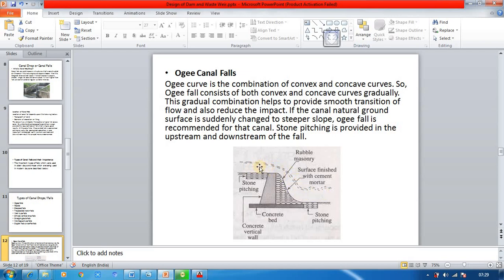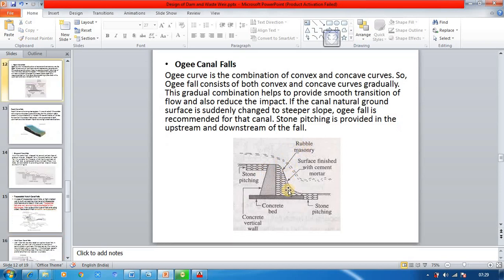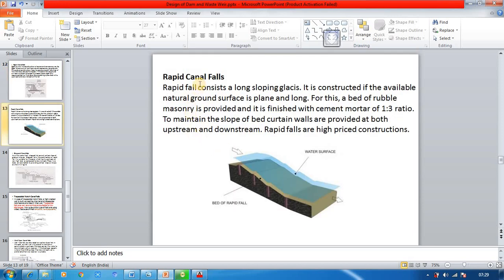The energy in the flow due to the fall will be dissipated in the water here. Okay, and these are all old types of canal falls which used rubble masonry, and this will be uneconomical now.